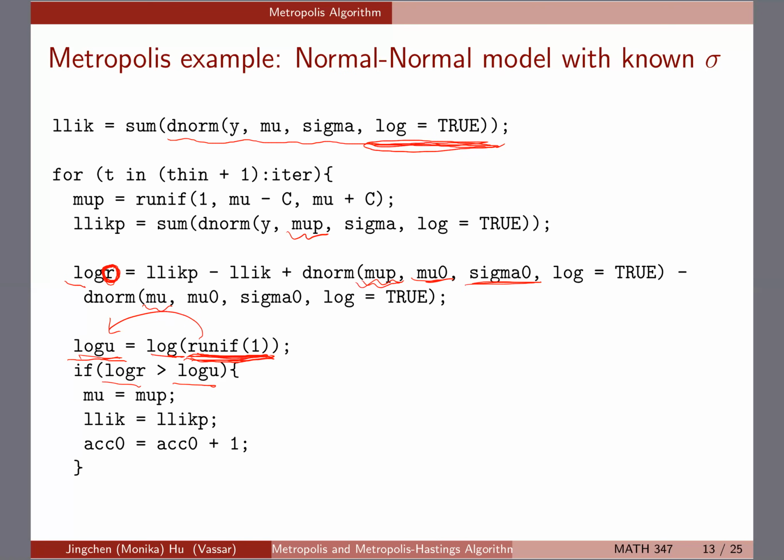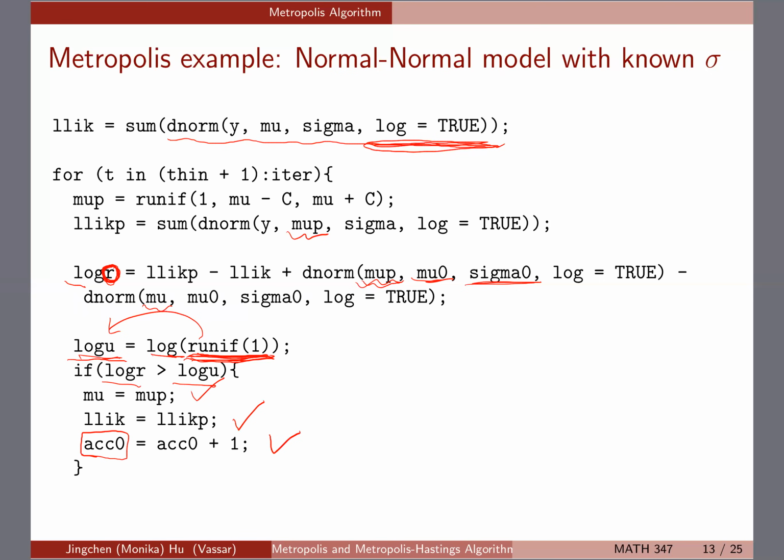So your mu becomes your proposed mu, your likelihood becomes the proposed likelihood, and also we have this scalar at the beginning that we initialize as 0 to record the acceptance rate. So every time we jump, the ACCO is going to increase by 1.